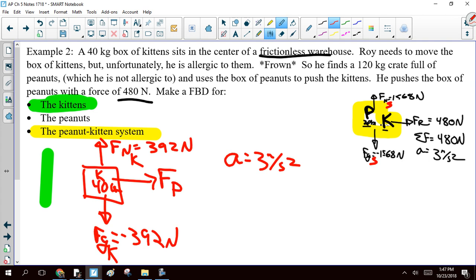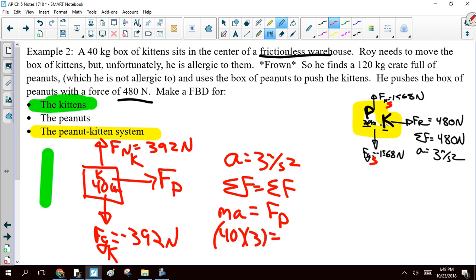That means we can do net force equals net force. So the mass of the kittens times the acceleration of the kittens ought to be equal to the force from the peanuts. So 40 times 3 equals the force of the peanuts.